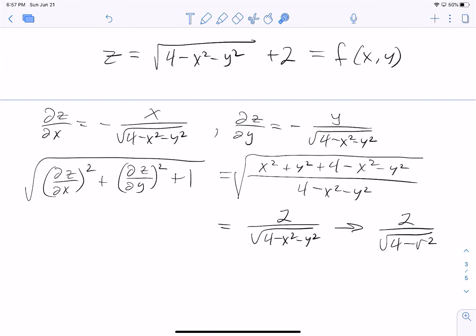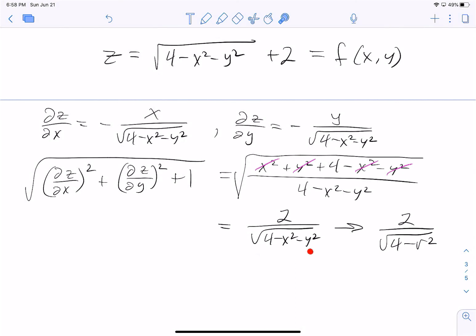So, squaring those partials, adding them together, adding 1, and putting them inside of a square root, and getting common denominators for the plus 1 gives us the square root of x squared plus y squared plus 4 minus x squared minus y squared, all divided by 4 minus x squared minus y squared. The x squareds and y squareds in the numerator subtract out. We end up with 2 over the square root of 4 minus x squared minus y squared.